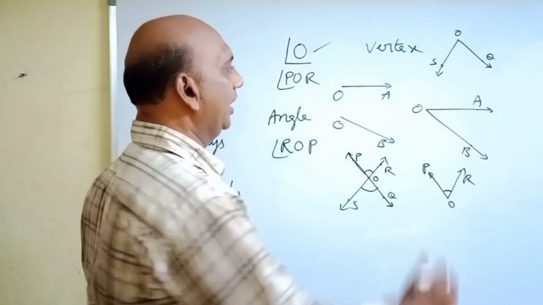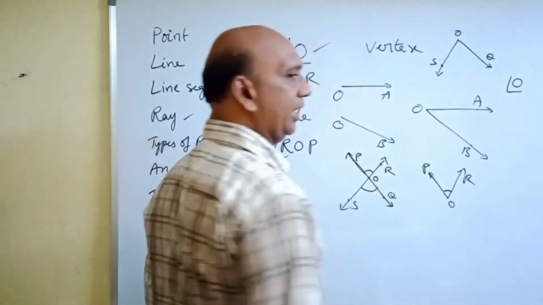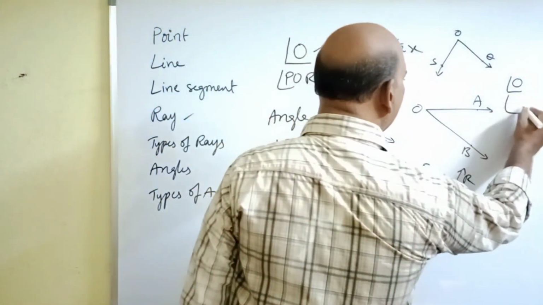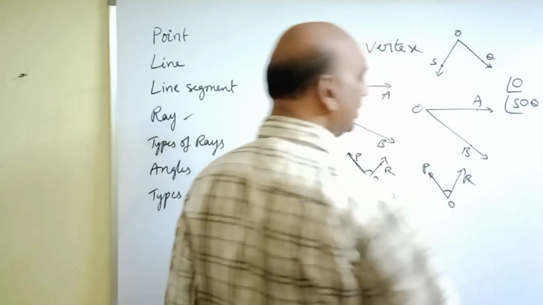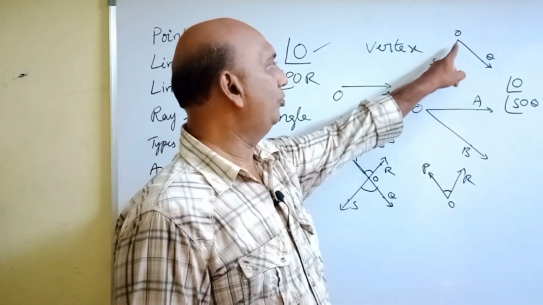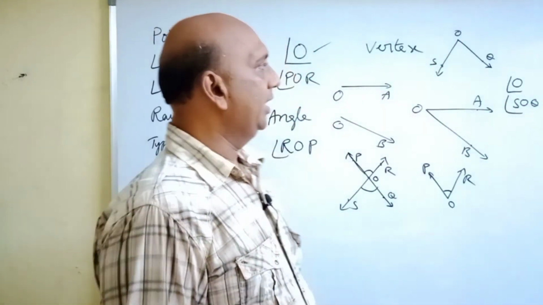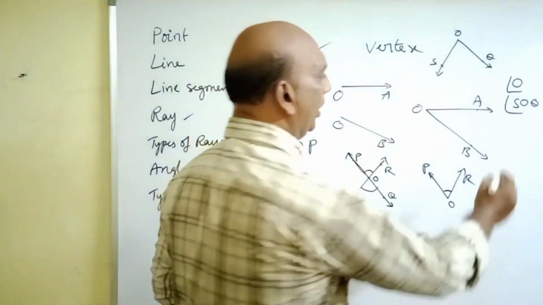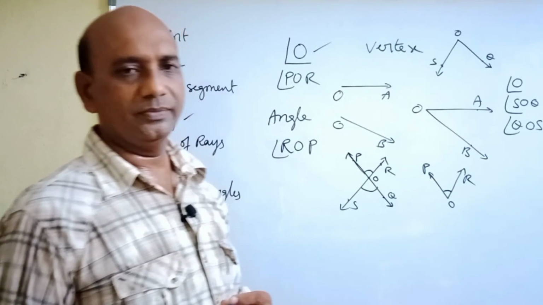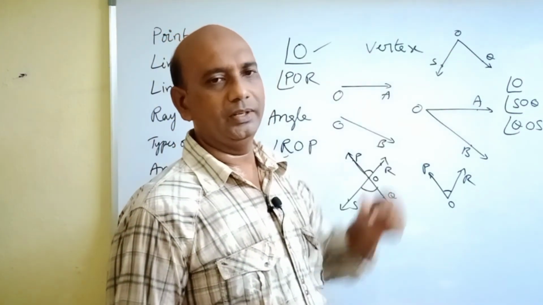They are angle O, since here also the common endpoint is O. And then angle SOQ is another method of indicating that angle, with the common vertex in the middle. And from this side, it can be indicated as QOS. In any one of these three methods, we can indicate the given angle.